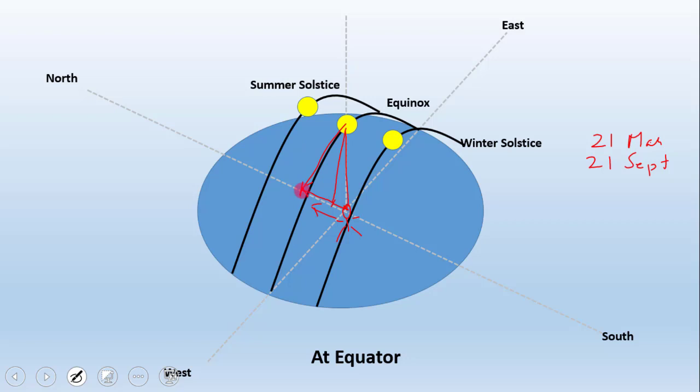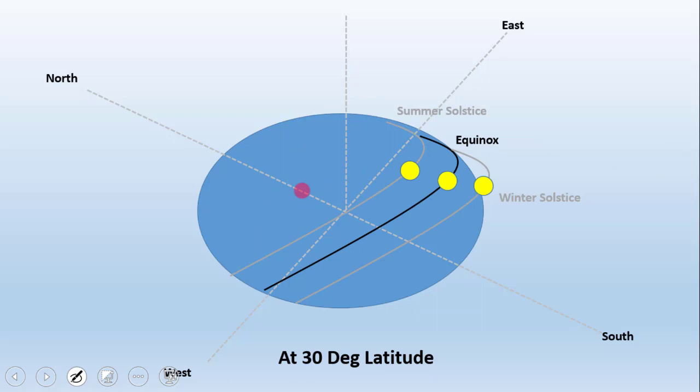This can be shown in another picture here. Now we are at 30 degree latitude, so the respective movement of the sun is shown here at equinox. This angle is the same as the angle of his current position, which is 30-degree latitude.